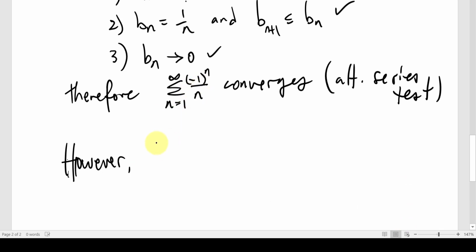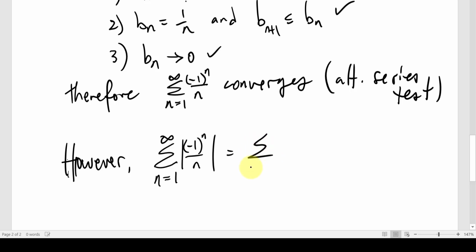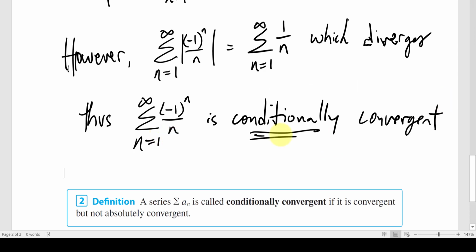However, if you take the absolute value of each term, not the absolute value of the whole thing, but of the individual terms, that becomes the harmonic series which diverges. So that's an example of a series that is conditionally convergent.